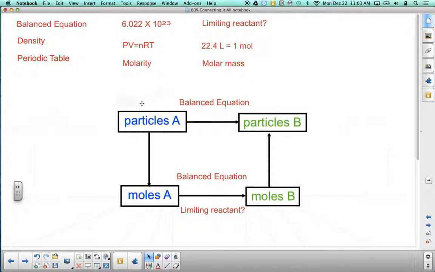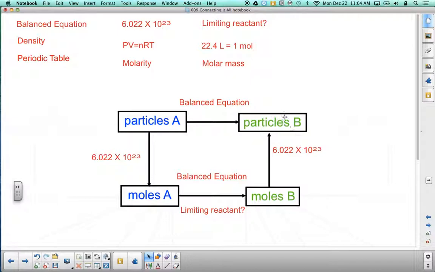And so we learned that particles of A were connected to moles of A via 6.022 times 10 to the 23rd, and that particles of B and moles of B were also connected via 6.022 times 10 to the 23rd. And whether we thought about particles of A and particles of B, or moles of A and moles of B, just kind of depended upon the information and the way it was given to us.